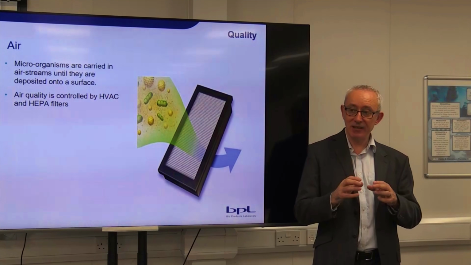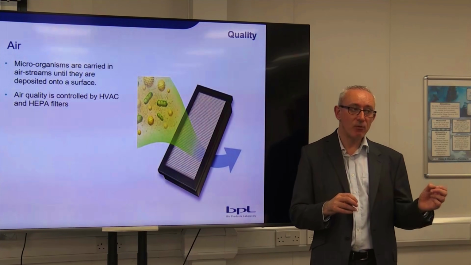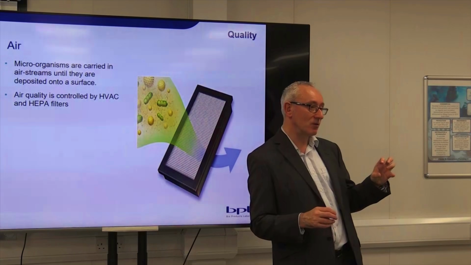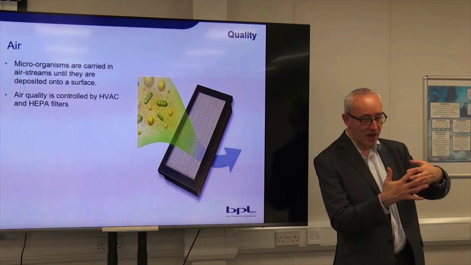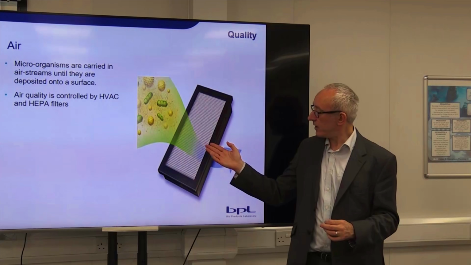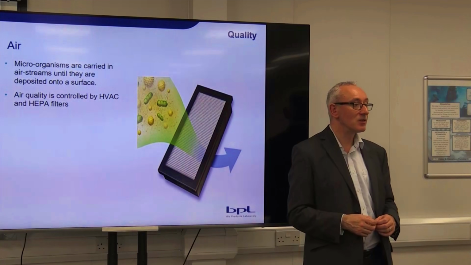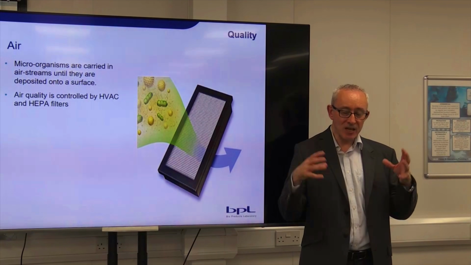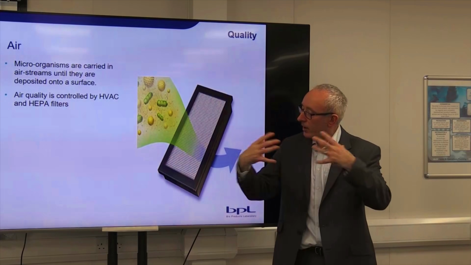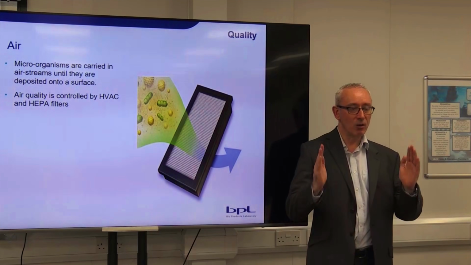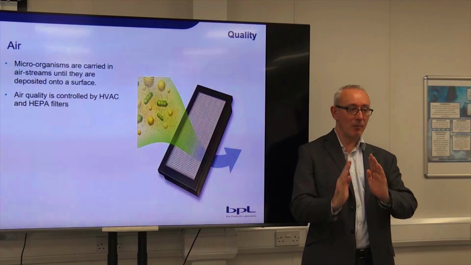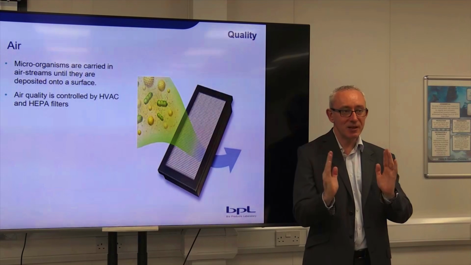That standard means that for every 10,000 particles that are directed at the HEPA filter, in theory, only 3 particles can squeeze through. That's because if you open one of these up, it looks like lots and lots of sheets of cardboard-like paper packed into a concertina effect.